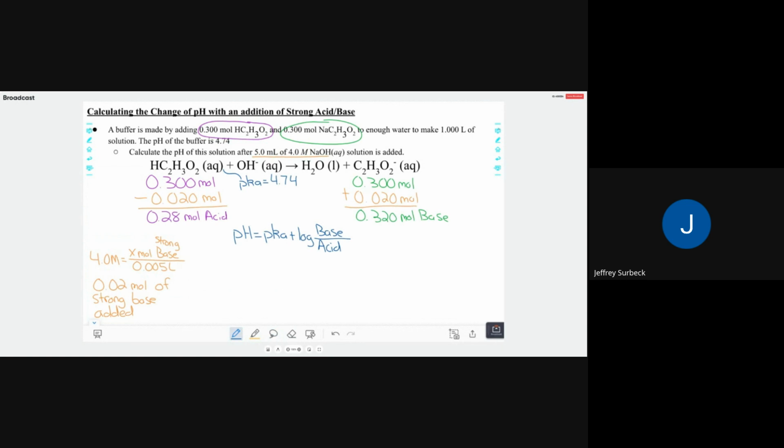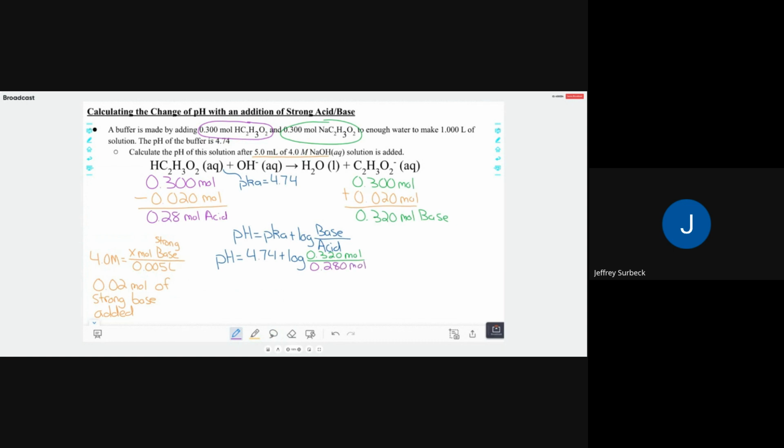We want to find the pH. So pH is equal to our pKa, which I just told you is 4.74, plus the log of our base, which after we added NaOH is now 0.320, and it's okay to use moles, all divided by our acid, which after our subtraction is 0.280 moles.